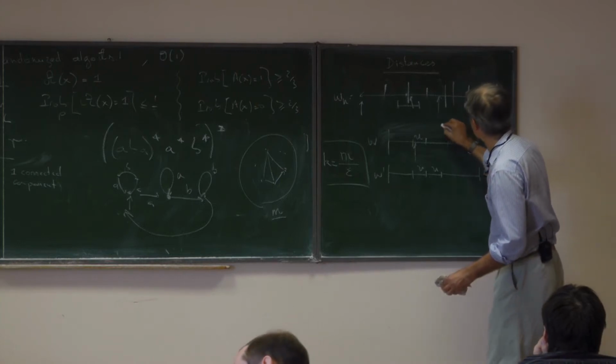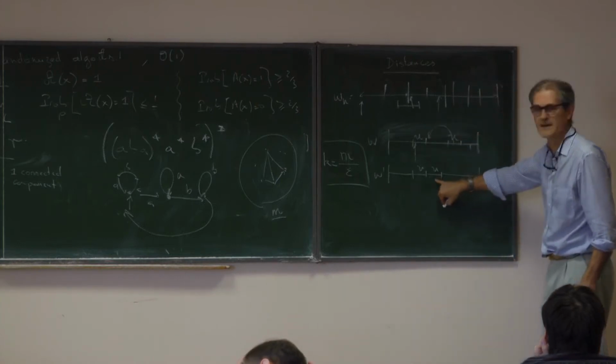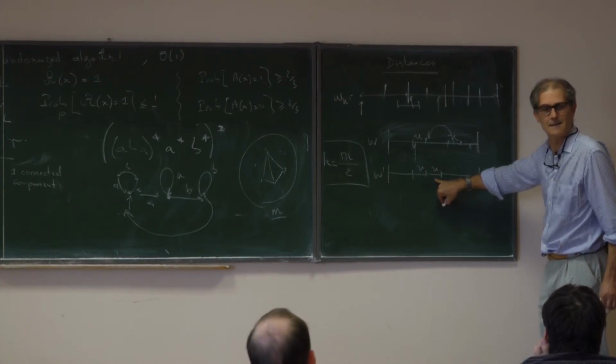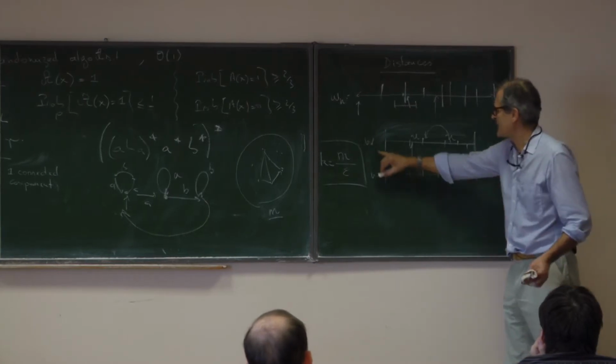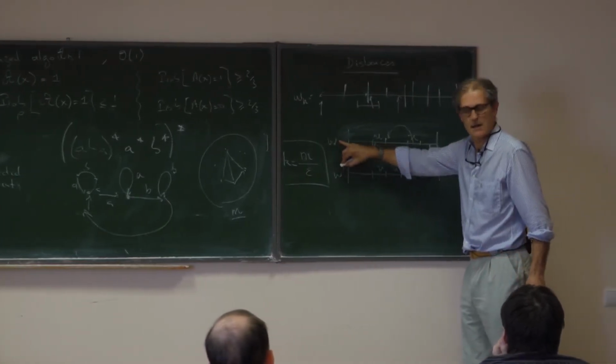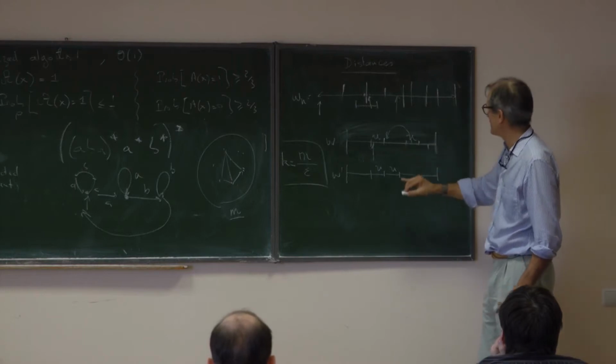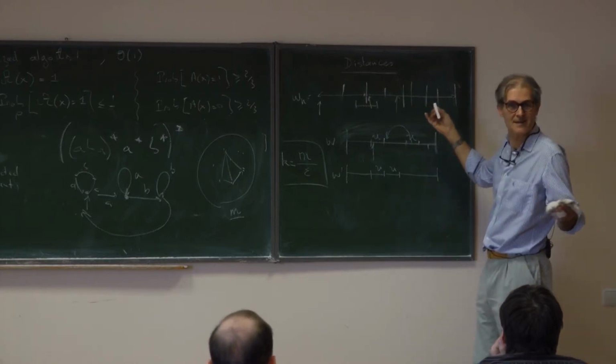Here I'm moving the second U right there. And I'm making a move, of course, but W prime is close to W, right? But then I can do this for essentially all the simple loops.